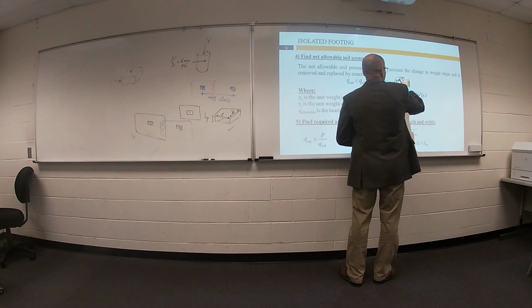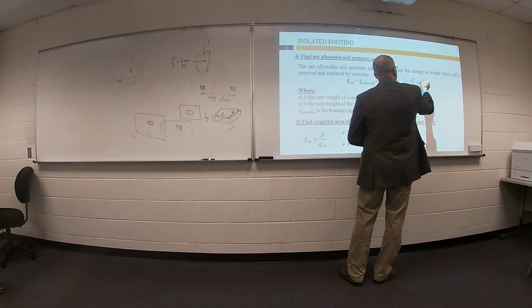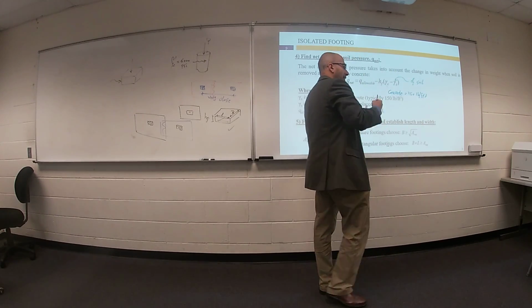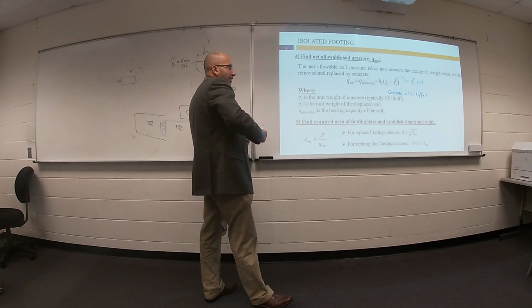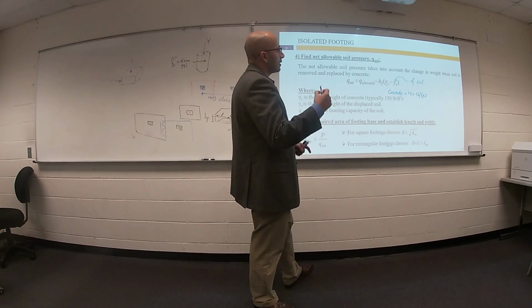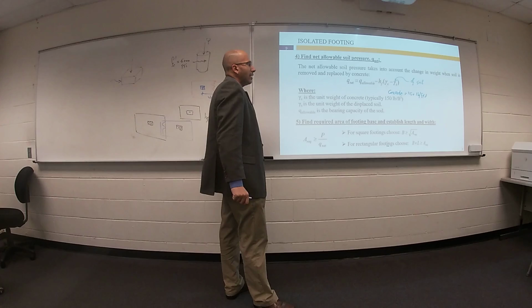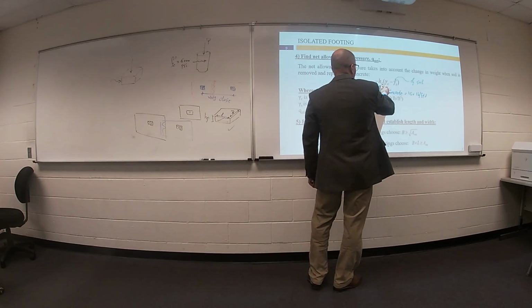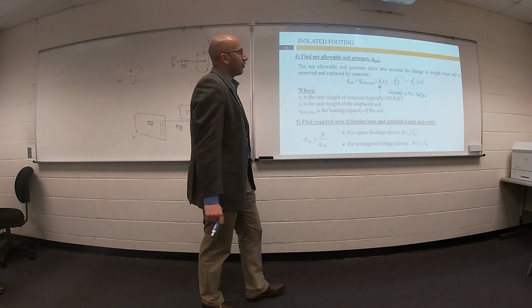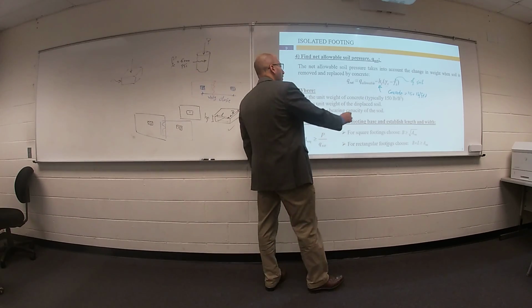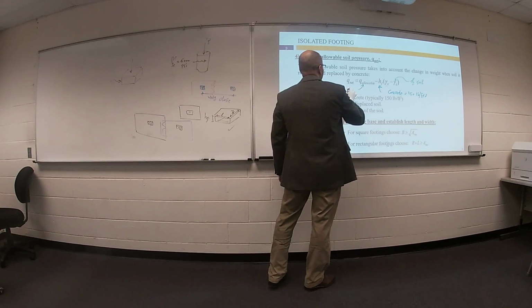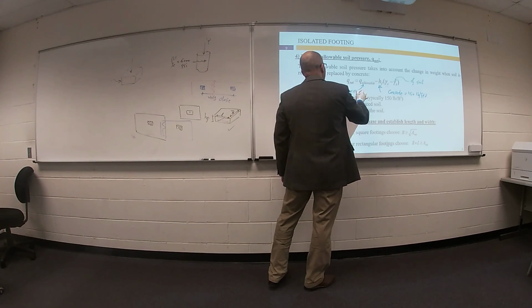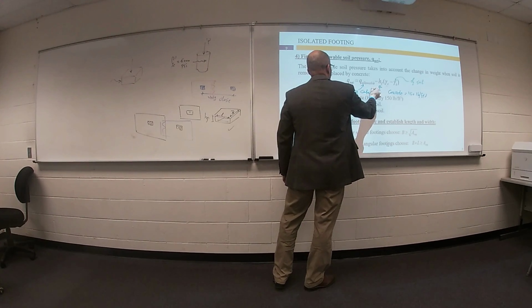Gamma soil is the unit weight of soil. We did some excavation, so we need to determine the unit weight of the soil that was excavated. hf is the total thickness of footing, which you did. q allowable is the bearing capacity of the soil.